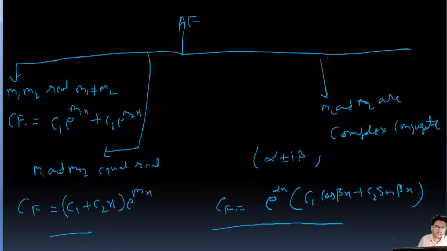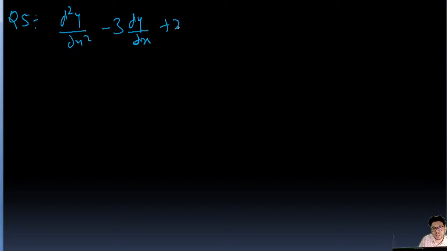Now I will solve with an example. The question is d2y over dx square minus 3 dy over dx plus 2y equal to 0.